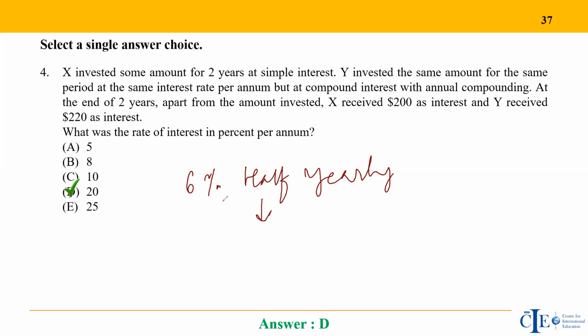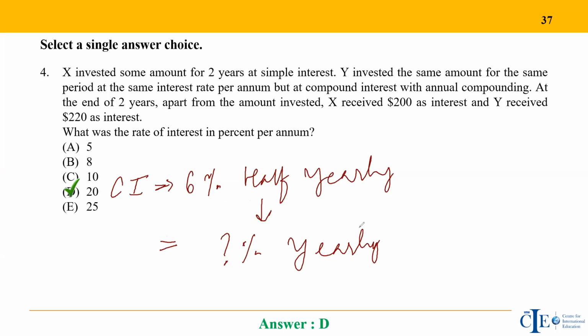Now, if he has to earn the same interest, then what percent should he charge on a yearly basis? So the compound interest earned at 6% half yearly basis is equal to what percent on the yearly basis?